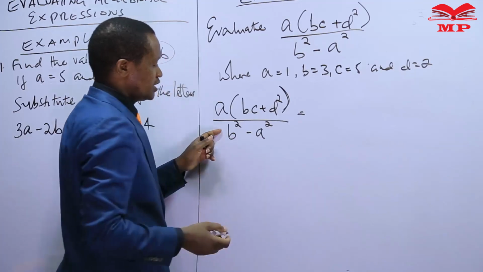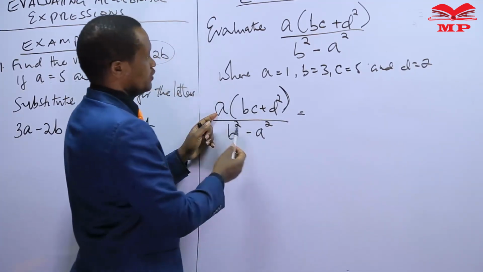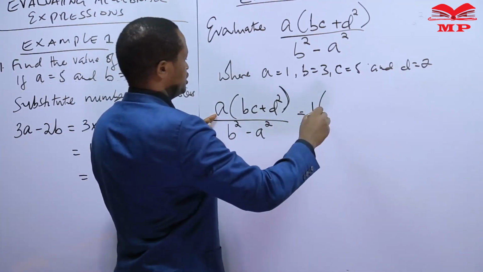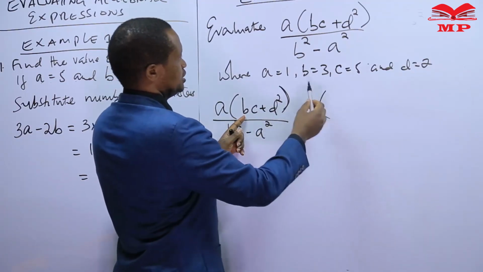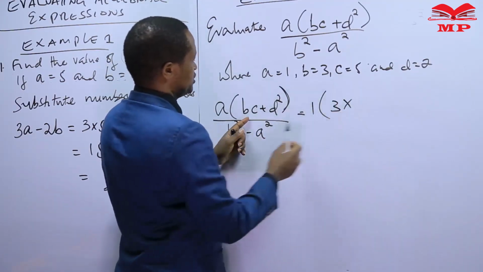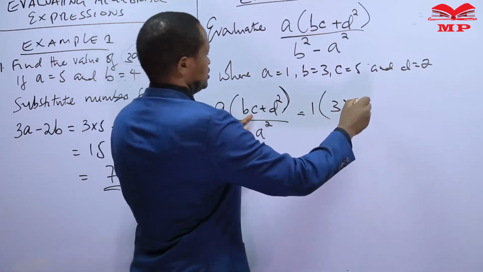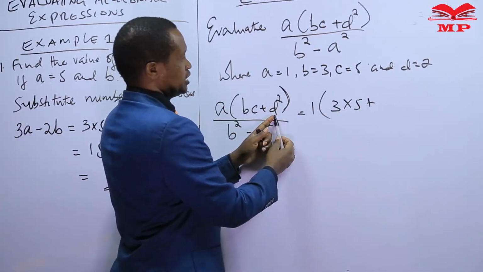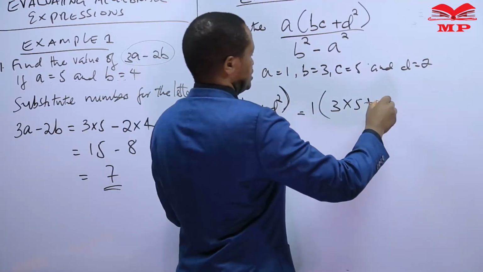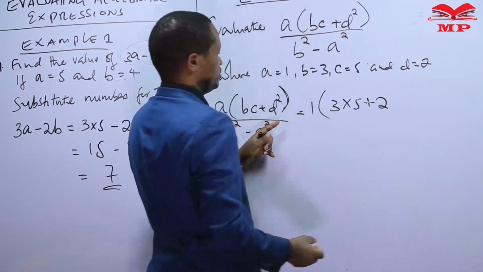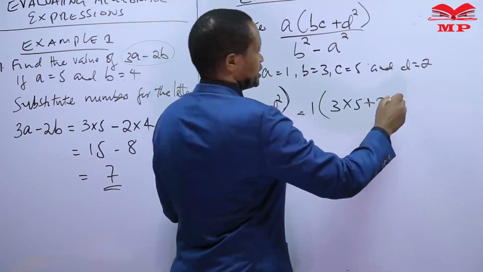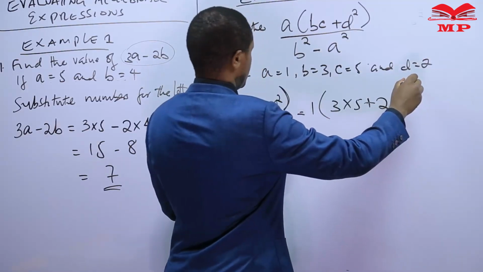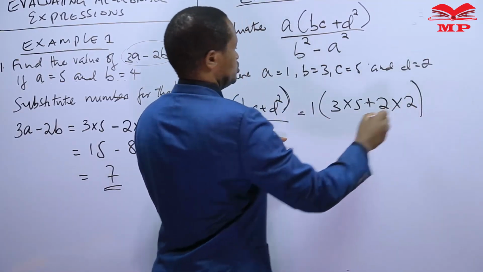Substituting the numbers for the letters, the value of A is 1 into the value of B, which is 3, times the value of C, which is 5, plus D squared, the value of D is 2, so that will be 2 times 2.